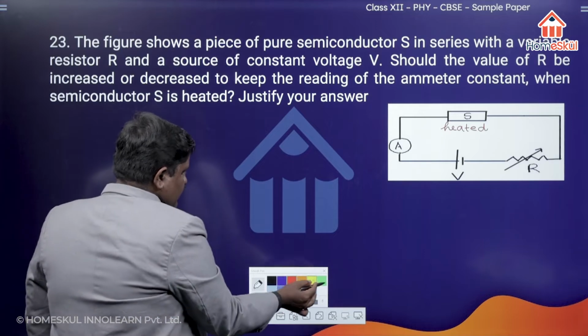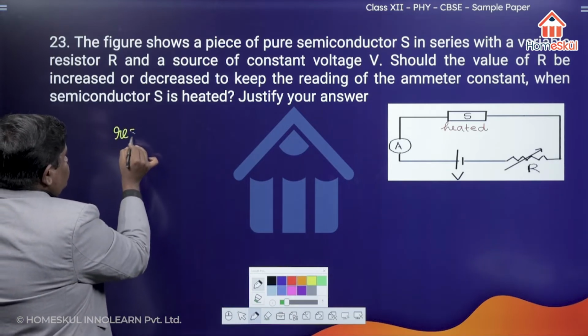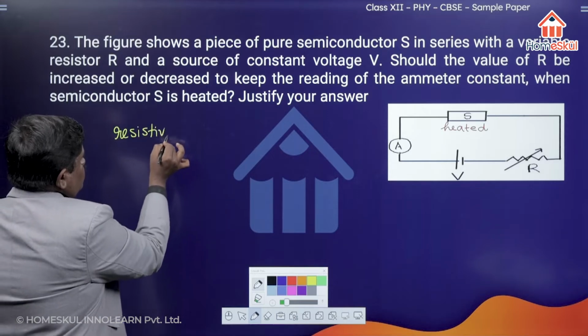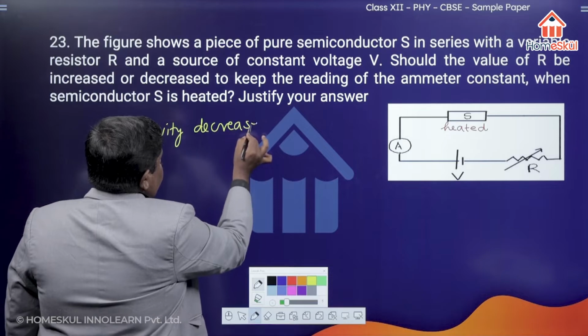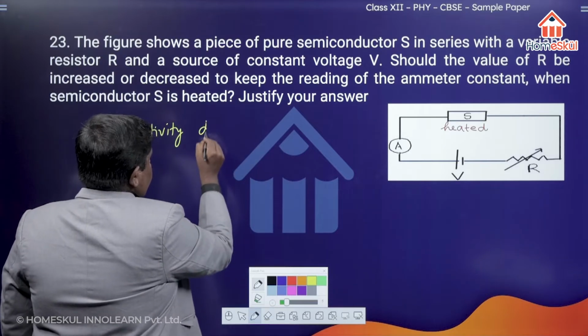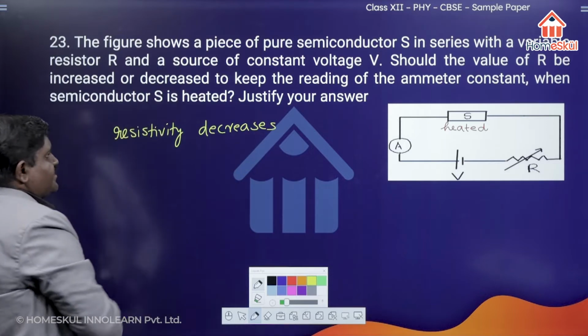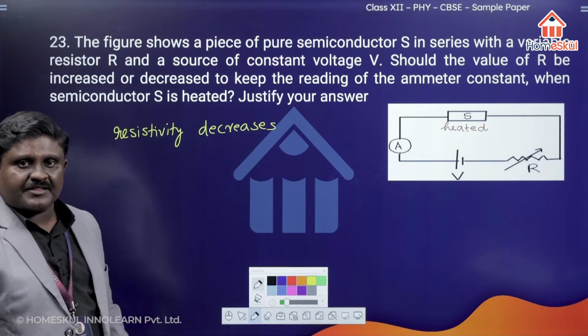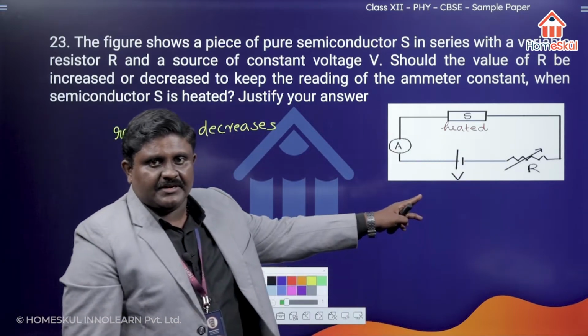When the semiconductor is heated, its resistivity decreases, so that the maximum current will flow through this circuit.